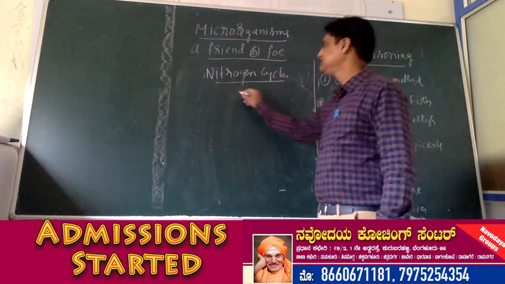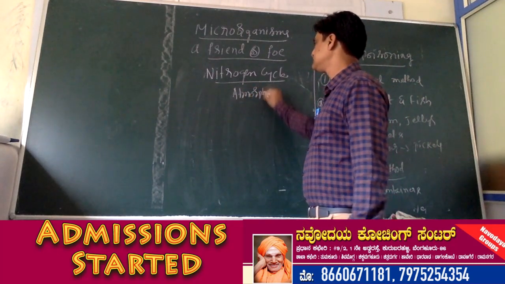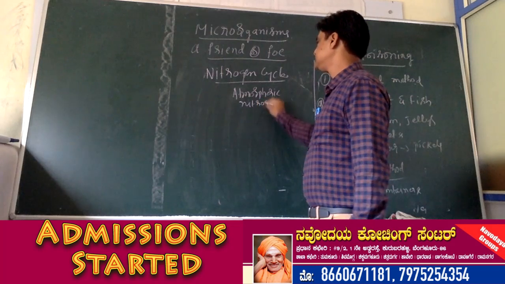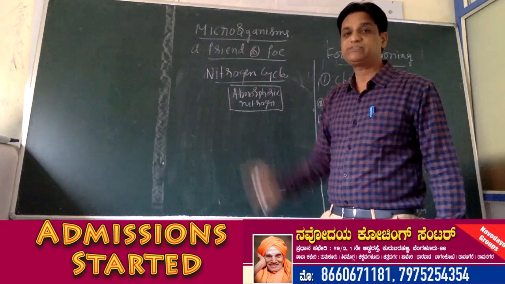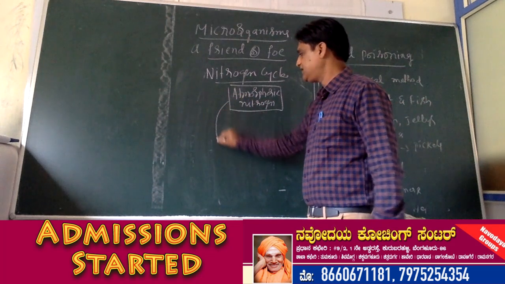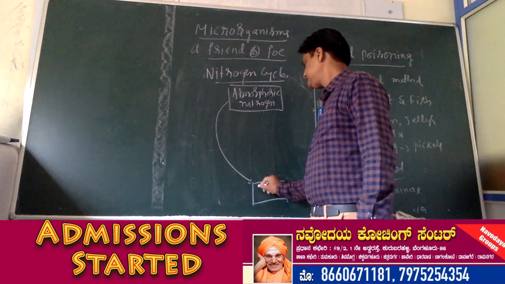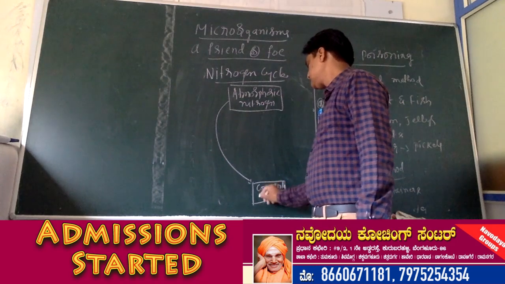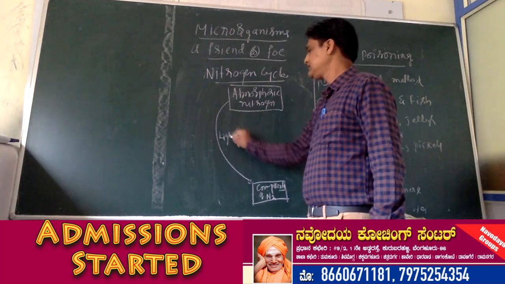And we know that 78% of nitrogen is present in the atmosphere, atmospheric nitrogen, and that atmospheric nitrogen will be converted into compounds of nitrogen by lightning.